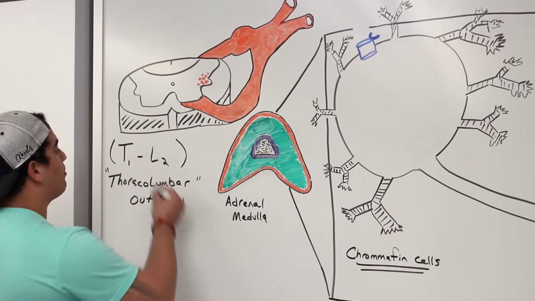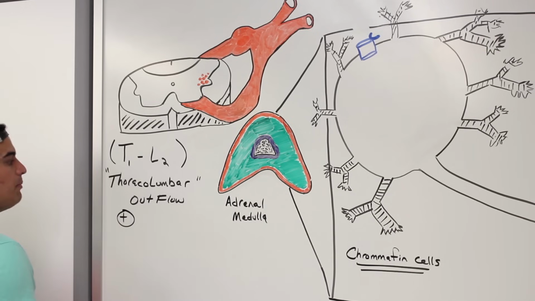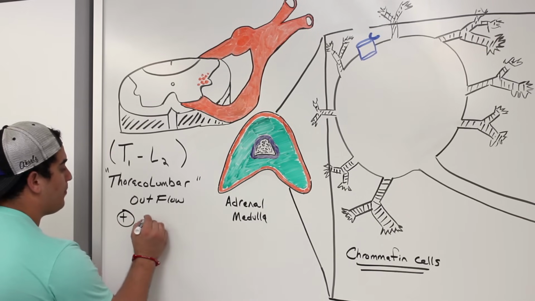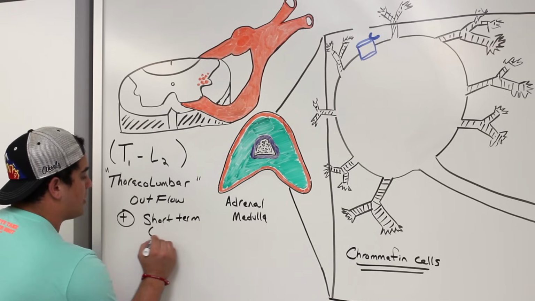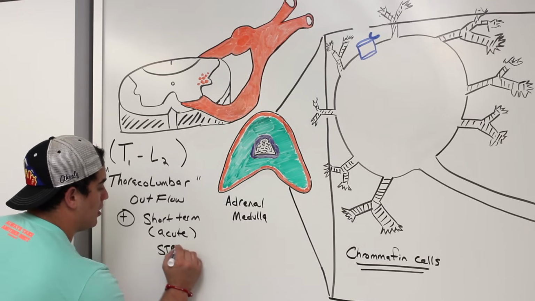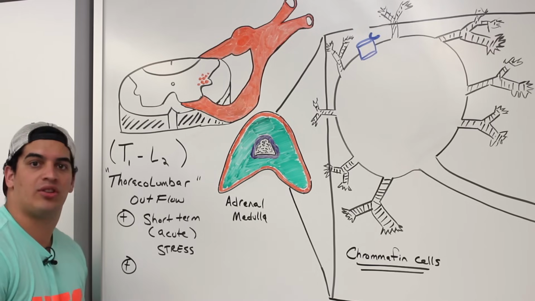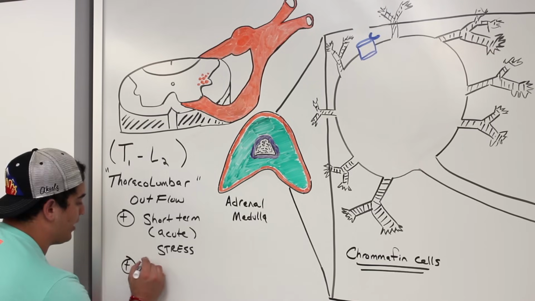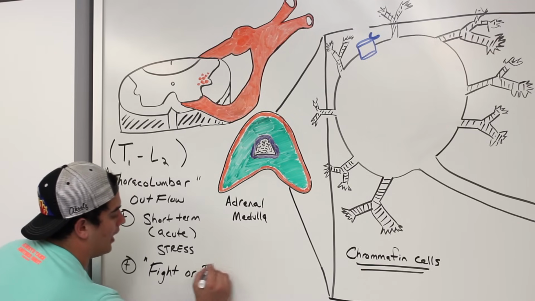So what is the primary stimulus of this? The primary stimulus of the sympathetic nervous system is usually short-term, or another term we could use here is acute stress, or anything that's going to try to trigger our sympathetic nervous system. So think about it like this: fight or flight.